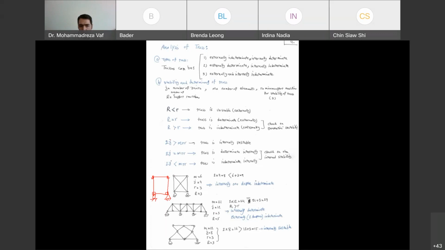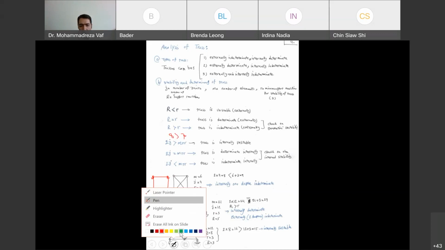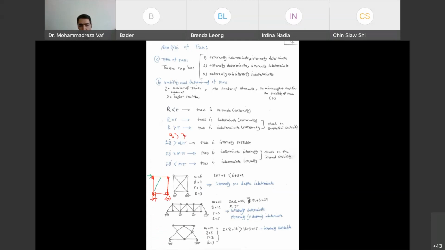We have 4 joints, multiplied by 2 is 8. For M, we have 4 elements plus 3, which is 7. So 2J becomes 8 and M plus 3 is 7. You can see the same condition occurs in this truss. So this truss is considered to be unstable because if you apply a force, let's say a horizontal force, to this location, your truss, without resisting, is going to deform like this and collapse.